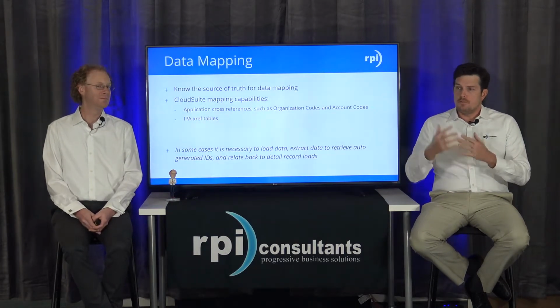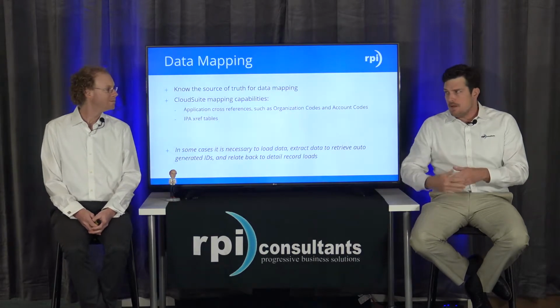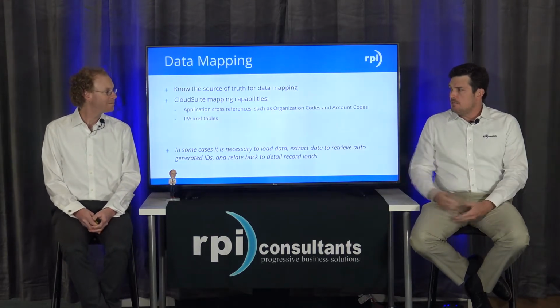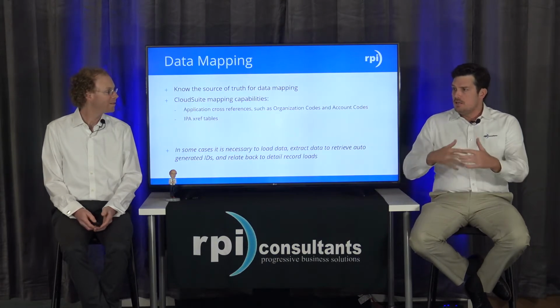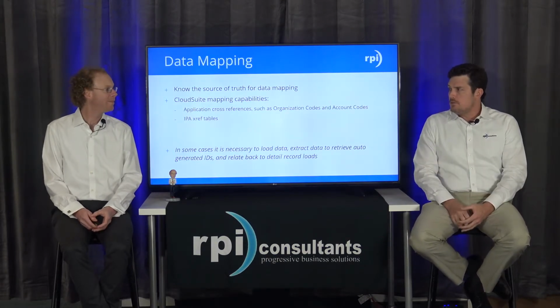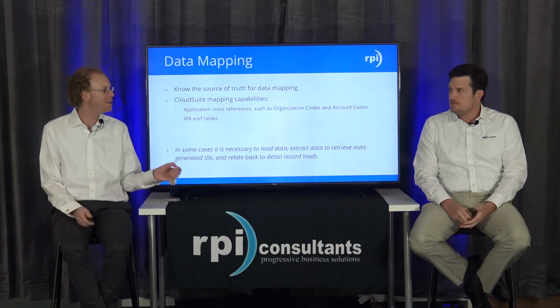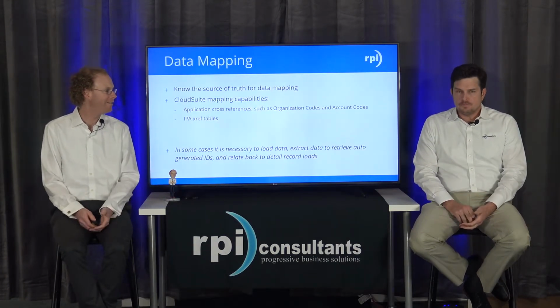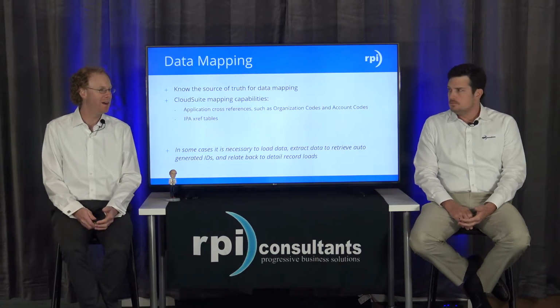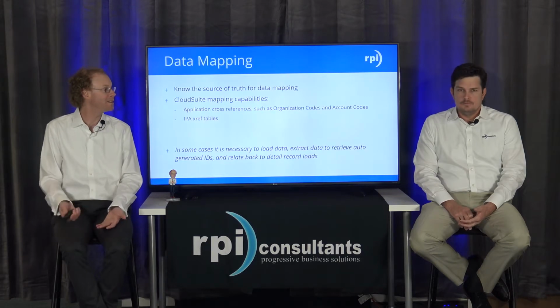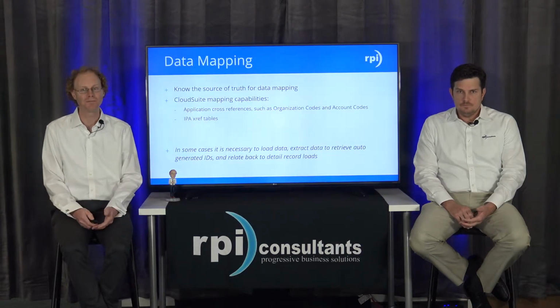So it's necessary to put the data into the system, then query it back out of the system, and then utilize it on further conversions down the road. So there is sometimes that extra added step to make sure you're using the correct codes and numbers. So those are those long GUIDs that we see, right? Yep. Yeah, those get auto-generated by the system, and maybe detail records that need to reference them that we're loading up.